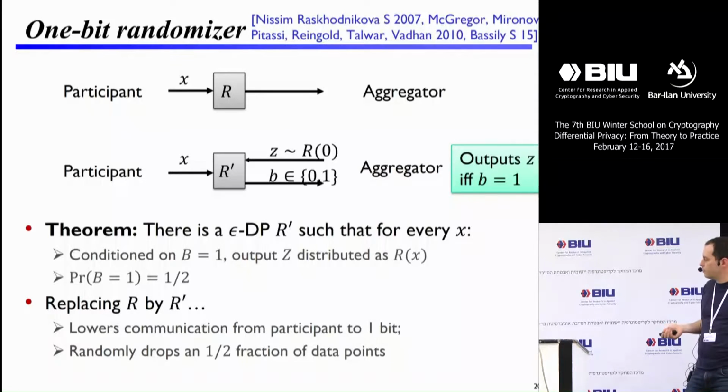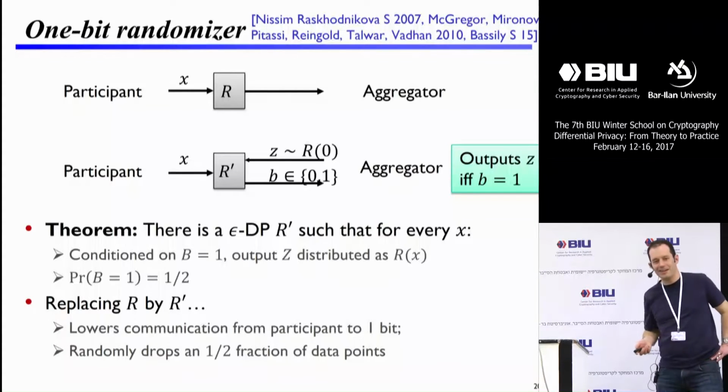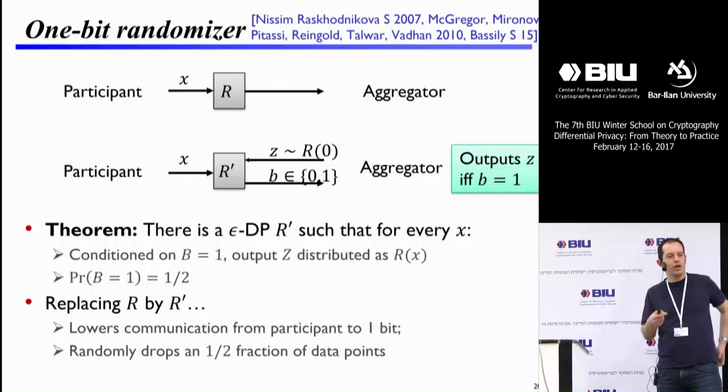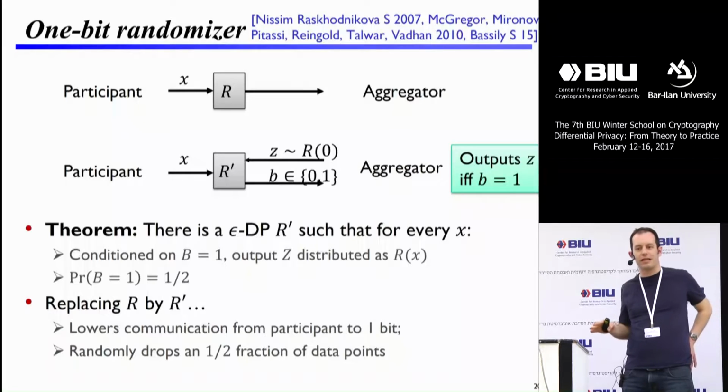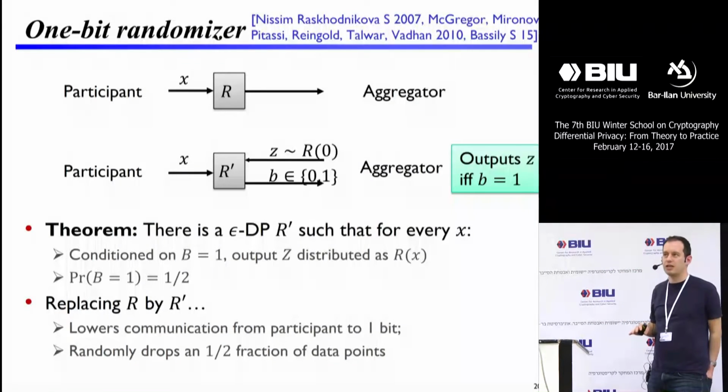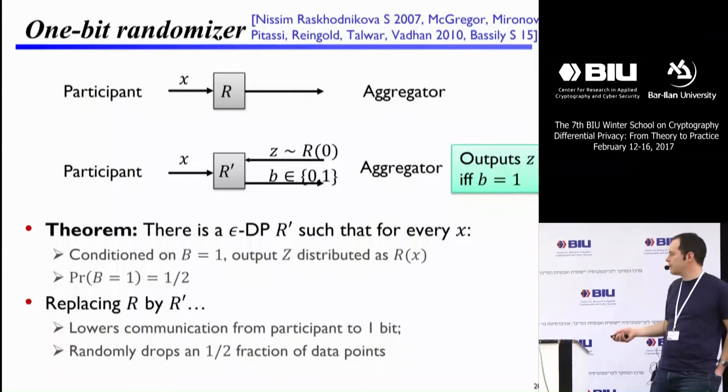The downside is you end up randomly dropping half of your data, right? And that seems like a big deal, but if you look at the additional error introduced by that step, that's generally going to be negligible compared to various other sources of randomization in this whole process. So this is actually not that big a deal.